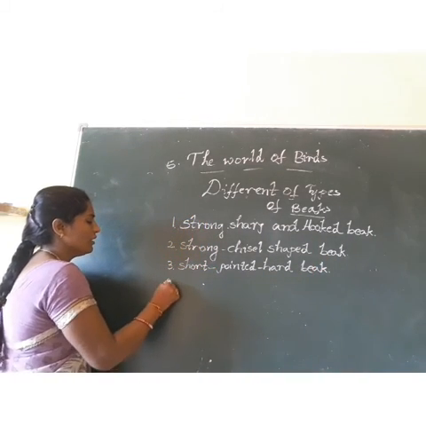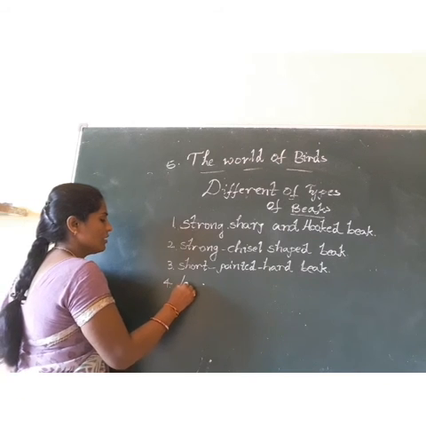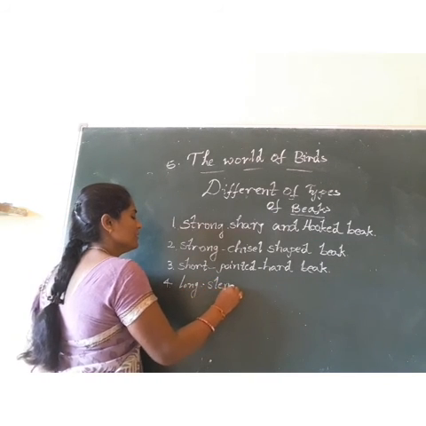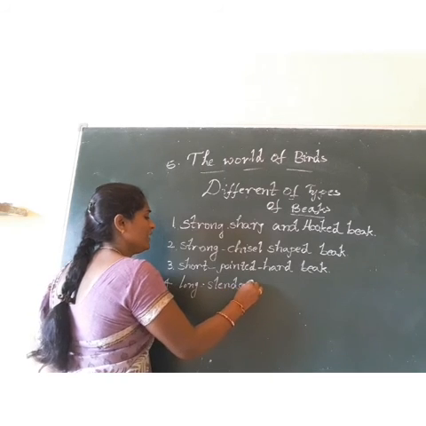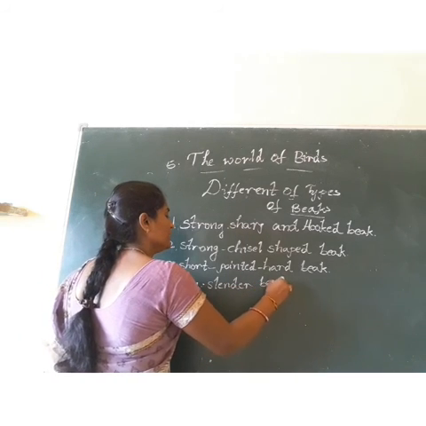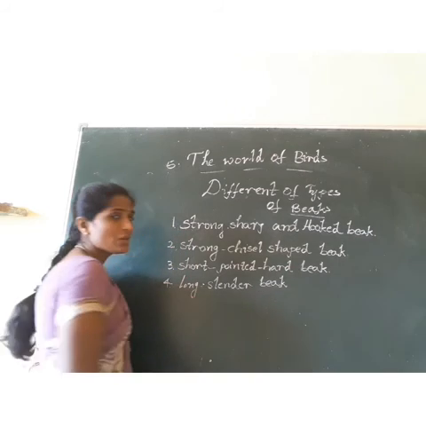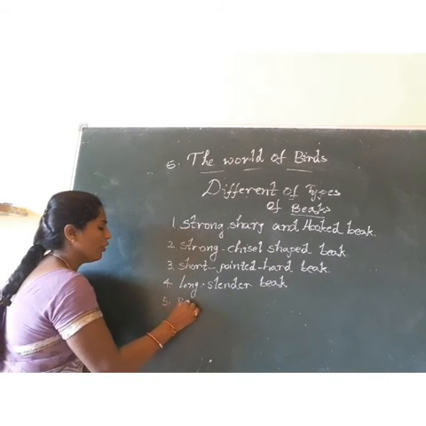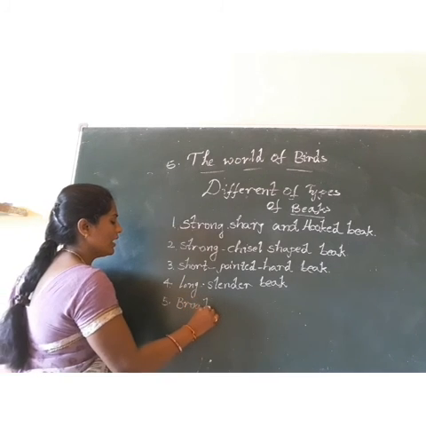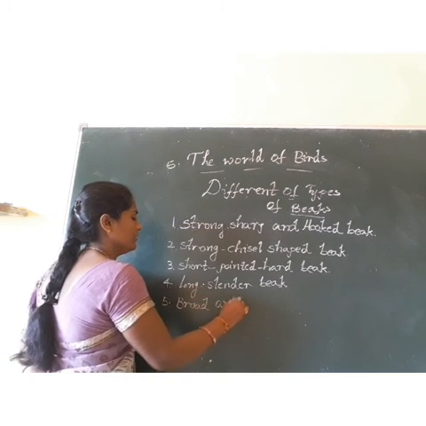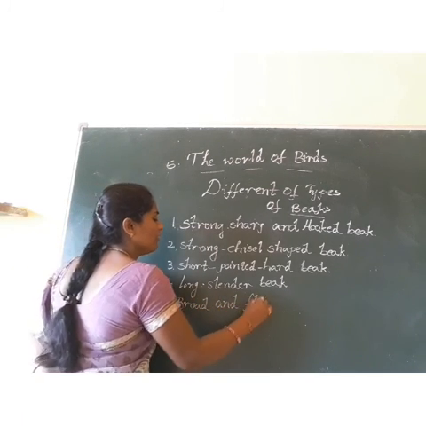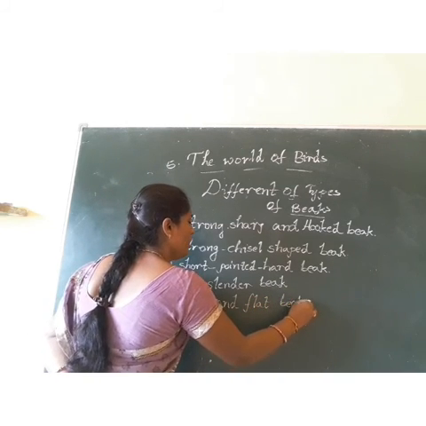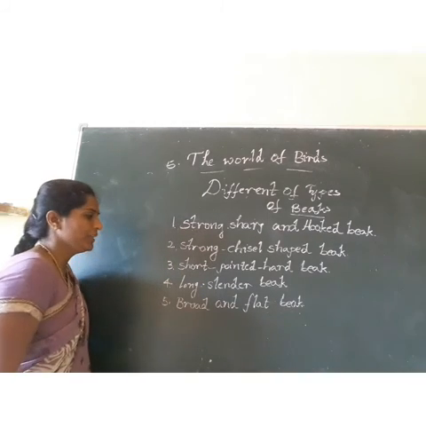And coming to the fourth one, long, slender beak. Okay, this is also one type of beak. And fifth one, broad and flat beak. This is also one type of beak.